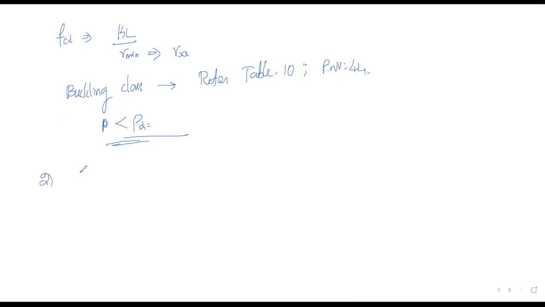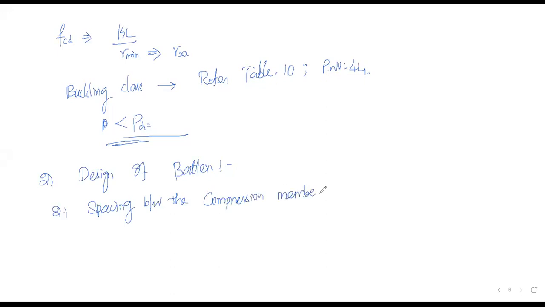Then second criteria, that is design of batten. Here I have to go for some 7 steps. First is the spacing between the compression members, that is small d.